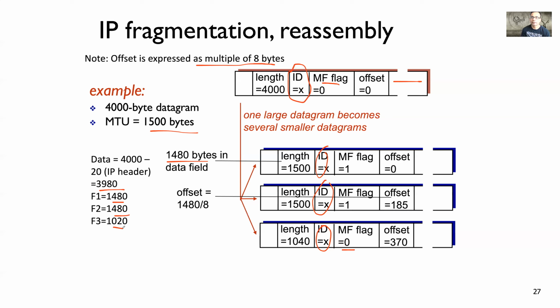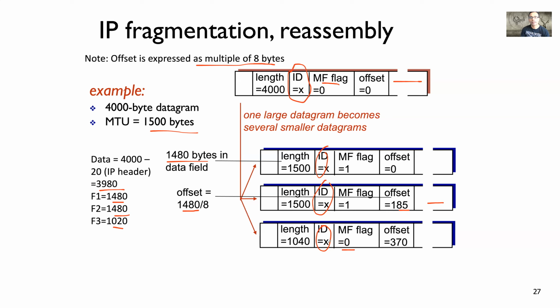Now the offset that you see there is a multiple of 8. It's basically telling how much the payload is offset from the start of that original datagram, right? Since this is the first fragment, of course, the offset will be 0 because that is the starting fragment. Since this is the second fragment and it's offset by 1480 bytes, we take 1480 divided by 8. So the offset value is 185.